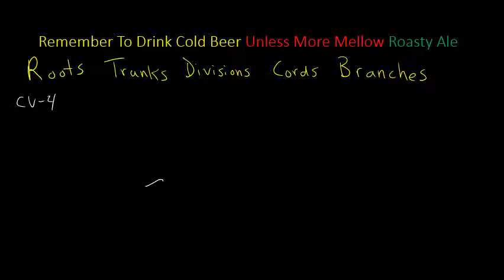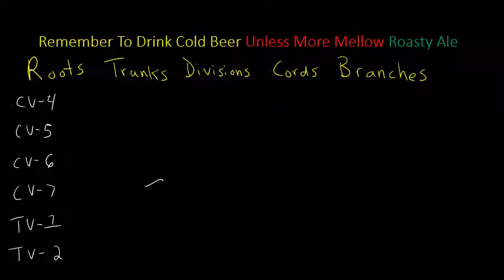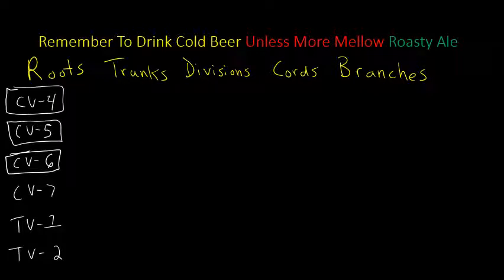C4, C5, C6, C7, thoracic vertebrae 1, and we'll put in thoracic vertebrae number 2. Then I'm just going to make a little box around each of these, representing the bodies of the vertebrae.